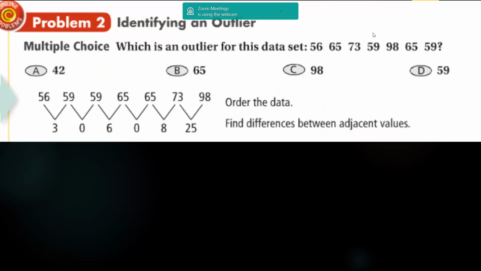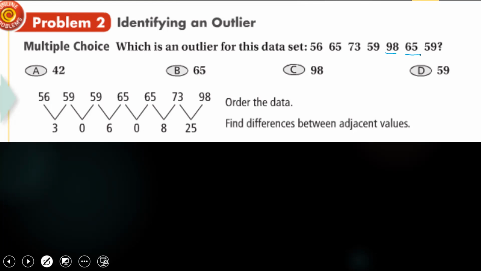Now look at this example here. In this example, we now want to identify the outlier. Here you have the values 56, 59, 59, 65, 73, 98, 65. First of all, you have to order the values.